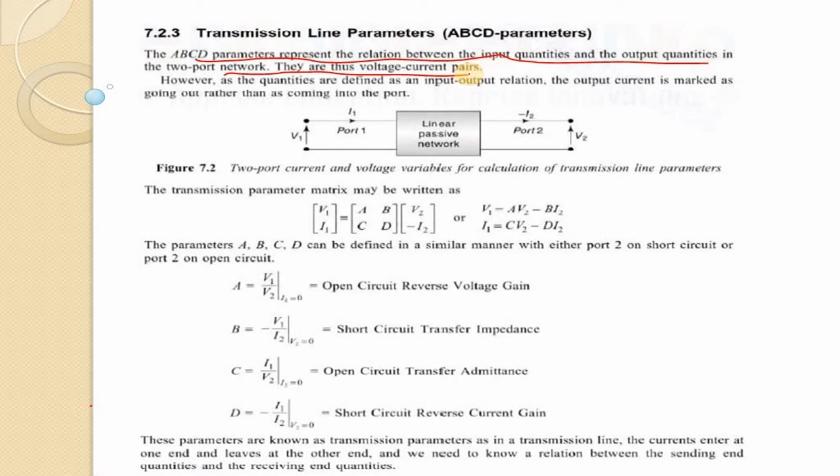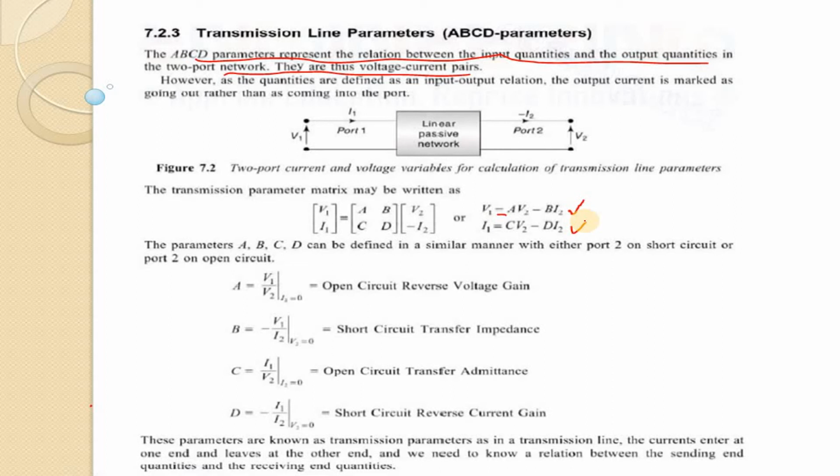The transmission parameters are written as [V1, I1] equals [A, B; C, D] times [V2, -I2]. The transmission parameter equations are V1 equals A V2 minus B I2 and I1 equals C V2 minus D I2. The parameters ABCD can be defined in a similar manner to the previous calculations.